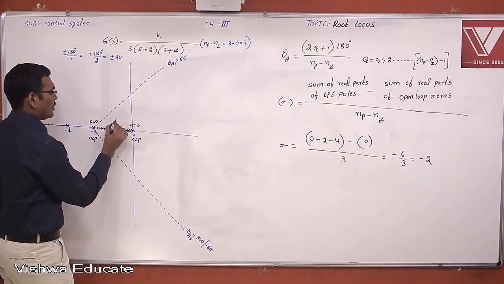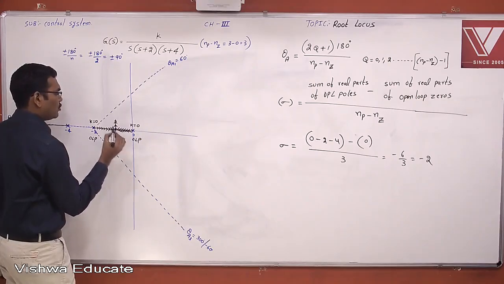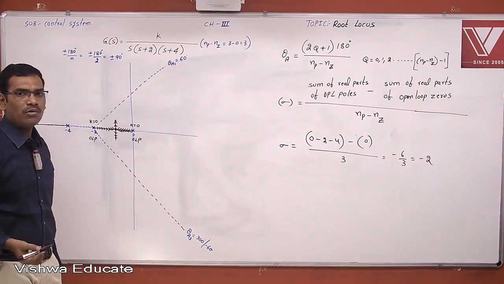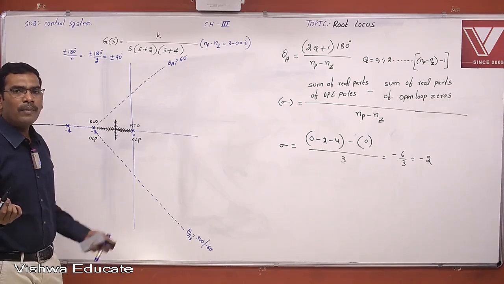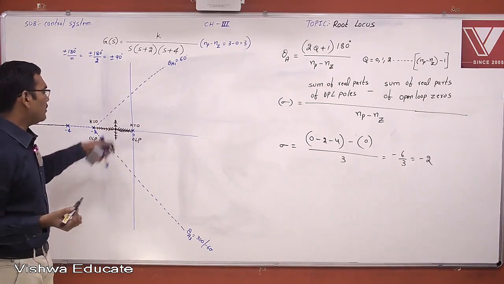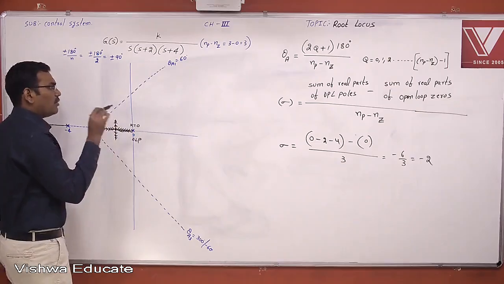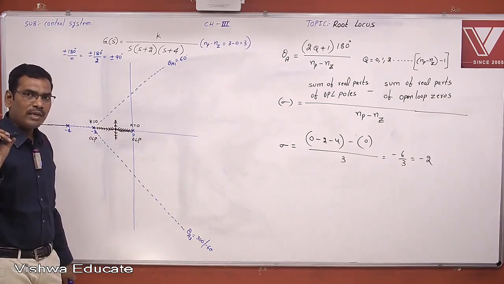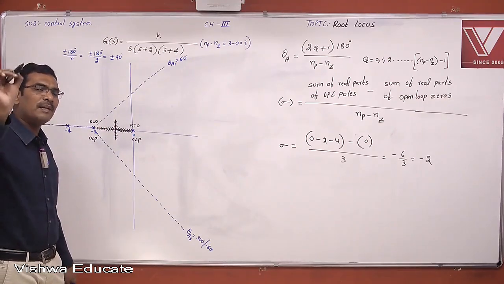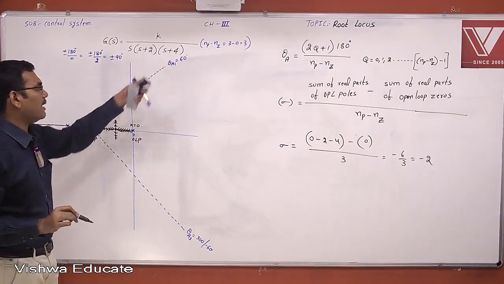Now k is changing, the closed loop pole is moving, but we don't know where we should go. Nobody is there. Now I am leaving. So after leaving, is there any person showing the direction? If you go in this particular direction, you will meet the zero. There is the angle of asymptote.